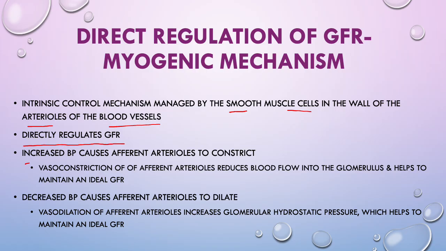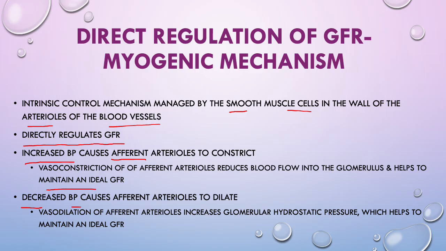Increased blood pressure causes the afferent arterioles to constrict, meaning they get smaller in diameter. The vasoconstriction of the afferent arteriole, the arteriole going into the glomerulus, helps to maintain an ideal GFR.